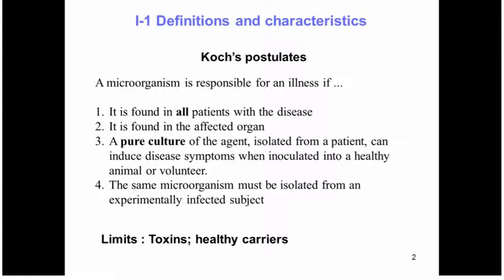So this is something that was not known in Koch's time. Some bacterial infections can cause pathology in an organ where the bacteria are not present, because they can release exotoxins that are particularly damaging to some organ in the body.